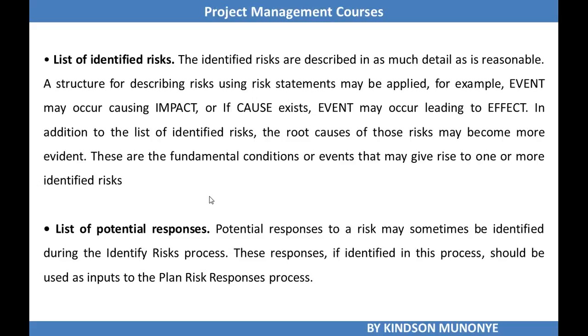Take notes. The identify risk process is very important. It helps you to identify all possible project risks, their causes, more details about each risk, and potential responses for it. So the risk register is very important, and it is going to be used almost throughout the project to continue to identify new risks and make updates on the identified risks.